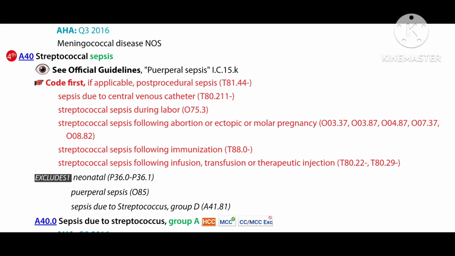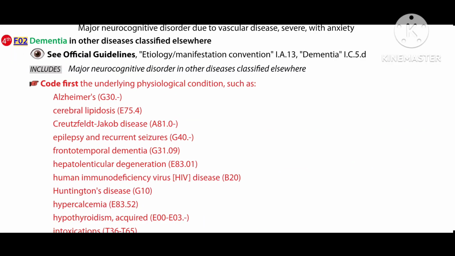So if you ever see a code first note under a code, that particular code will be a manifestation code. And if you ever see a use additional code note below a code, that says that it is an etiology code. And one more thing that will help you to identify whether the code is an etiology or manifestation is the term diseases classified elsewhere.